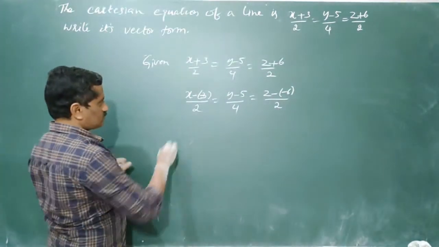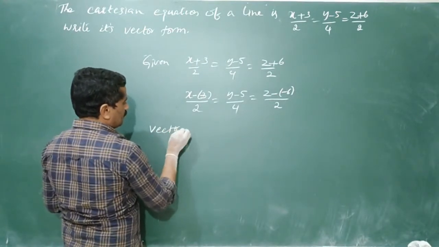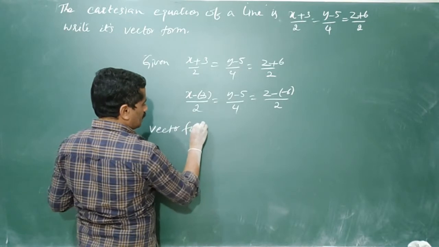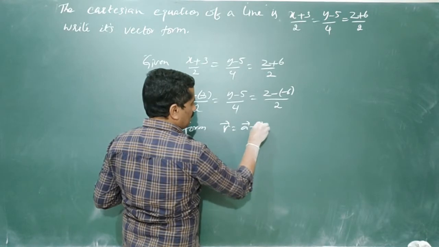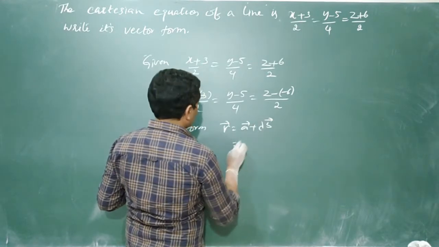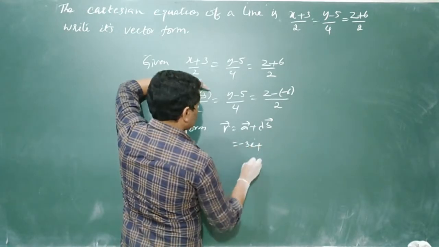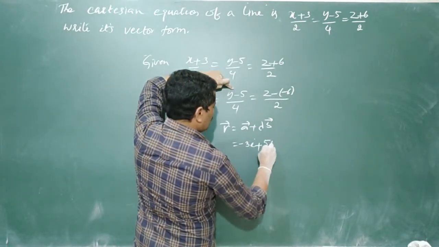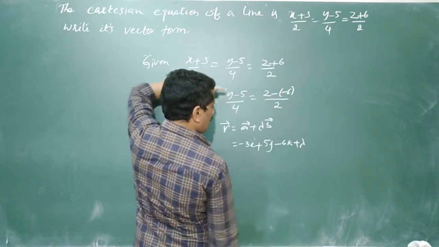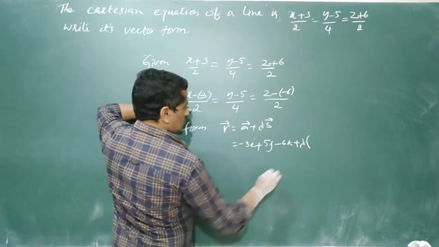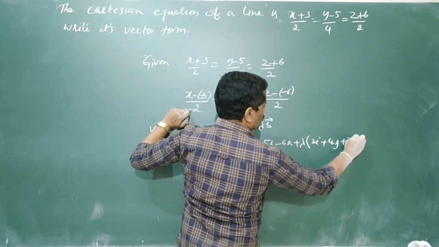Here, therefore, the vector equation, vector form, is r bar is equal to a bar plus lambda into b bar. Again that is equal to, here we have a bar as minus 3i plus 5j minus 6k plus lambda of b bar, that is 2i plus 4j plus 2k.